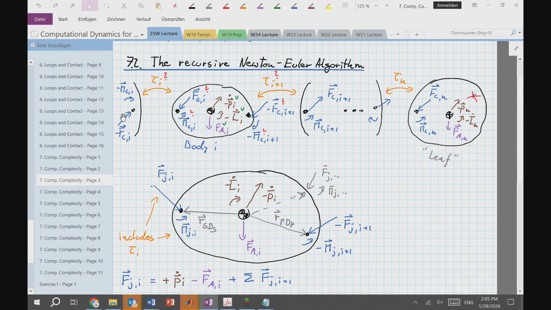You basically start from a root to get all the accelerations, and then you start from a leaf to compute all the interaction forces. You could have done this before taking a single lecture of this class. And the computational complexity is order n.